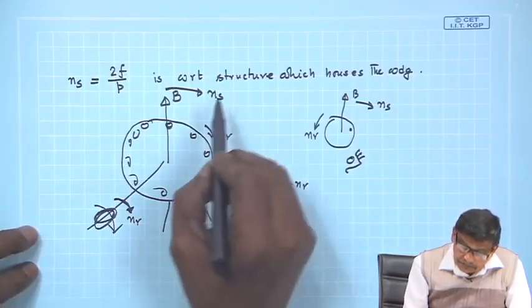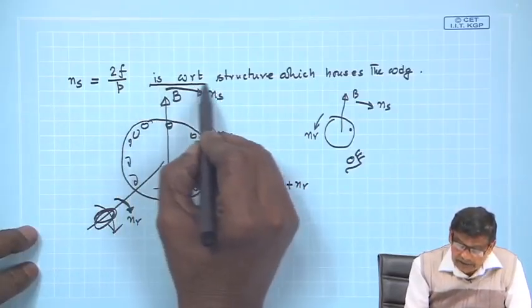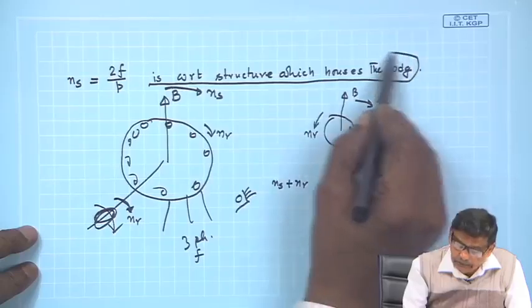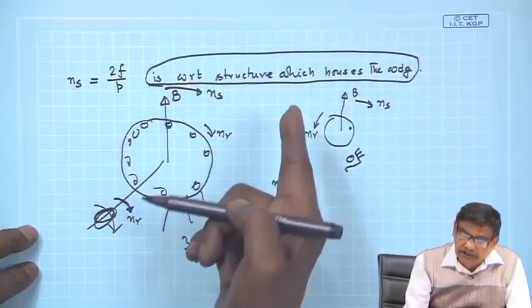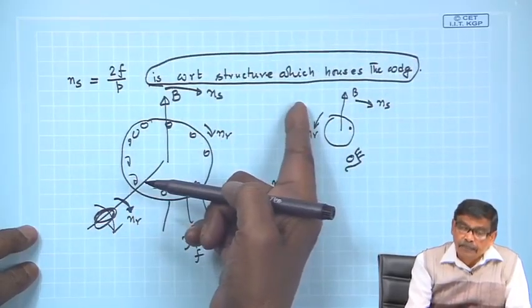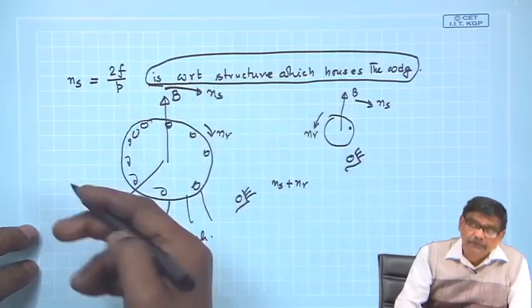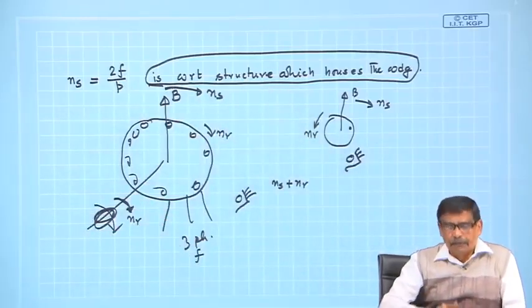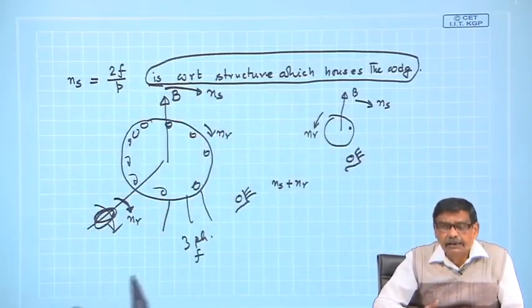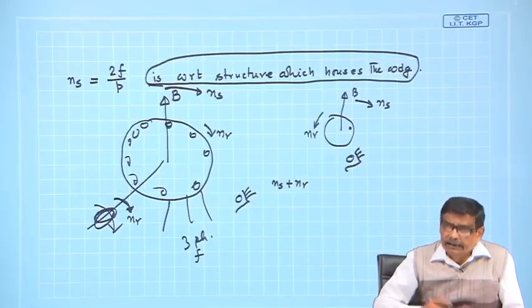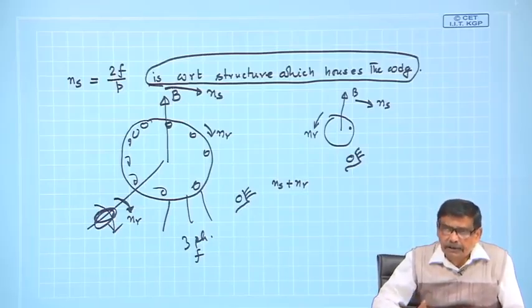Therefore, this term is very important, that this speed is with respect to the structure which houses the winding. If the structure itself is also moving by some external means mechanically, then a stationary observer will differ.